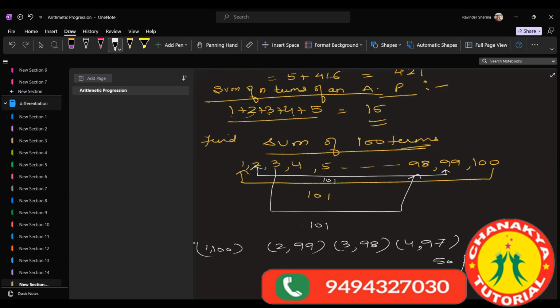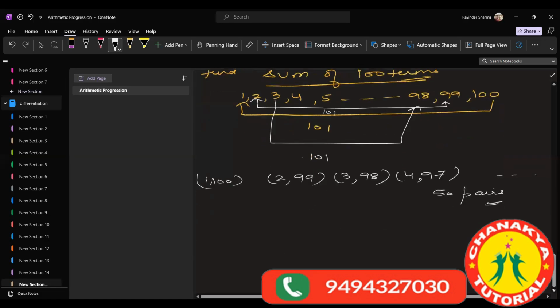Am I correct? Yes. If you are going to add, you will get 50 pairs. So what you will do then? 1 plus 2 plus 3 plus 4 up to 100, you can write like this, 101 multiplied by 50. Because we know that multiplication is just repeated addition.